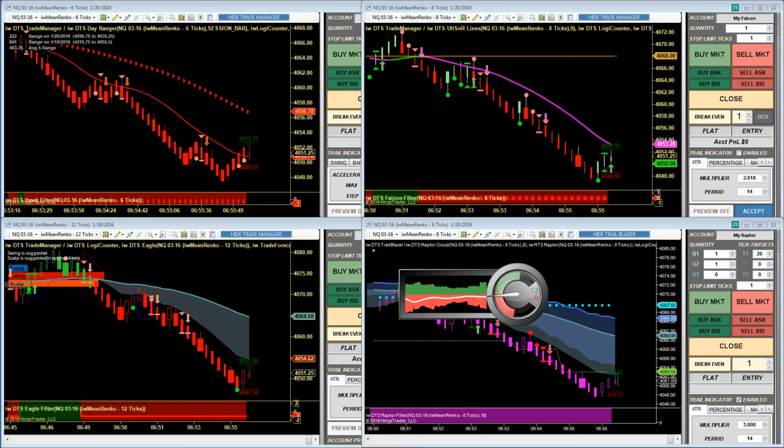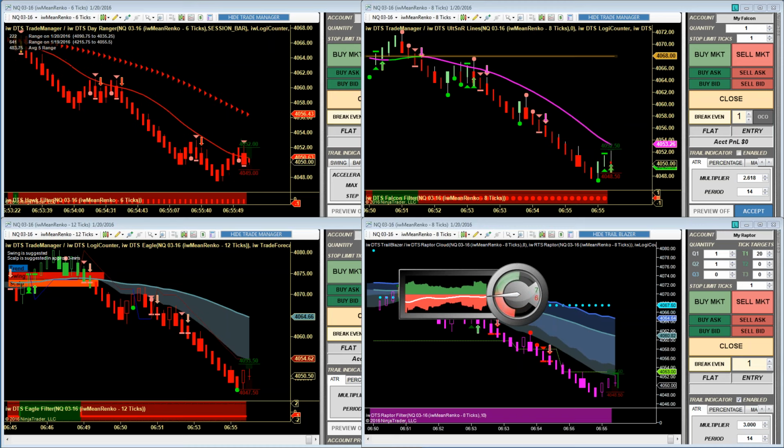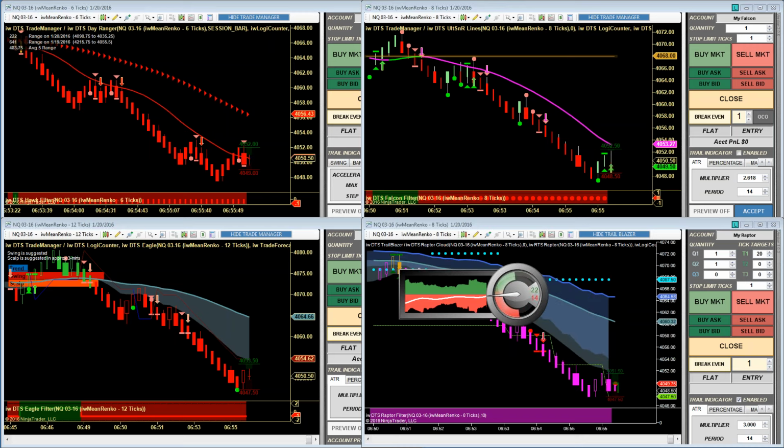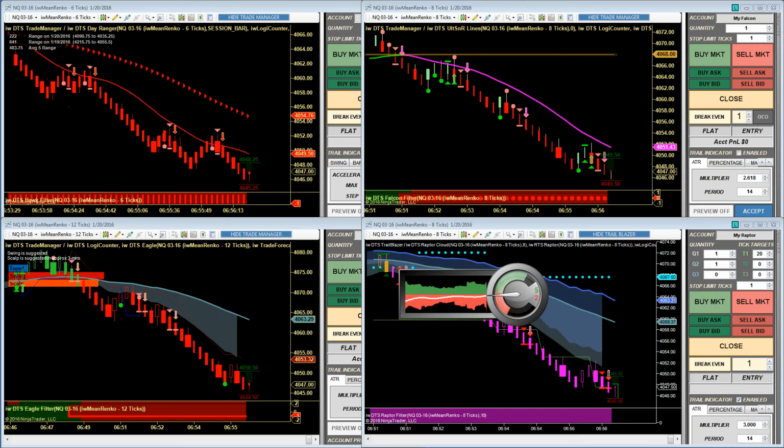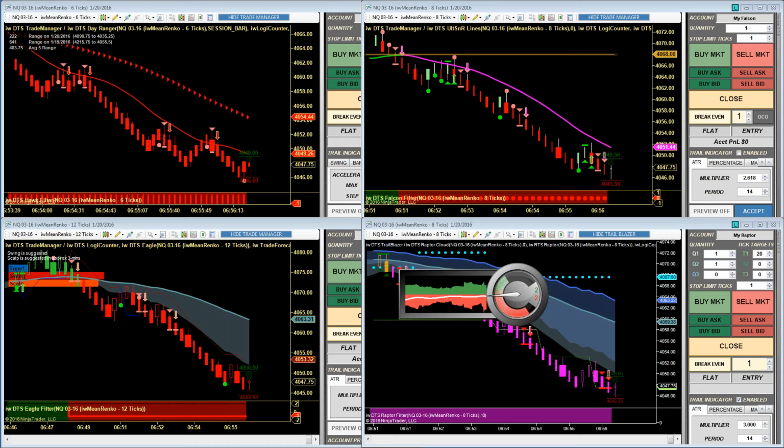It's very likely that crude oil will give you 10 ticks on a trade off of one of our signals. That's why I've actually doubled the profit objective for crude oil. If you're trading the Russell, that's another market that tends to give you a little bit extra. You could certainly double your profit objective on the Russell as well.